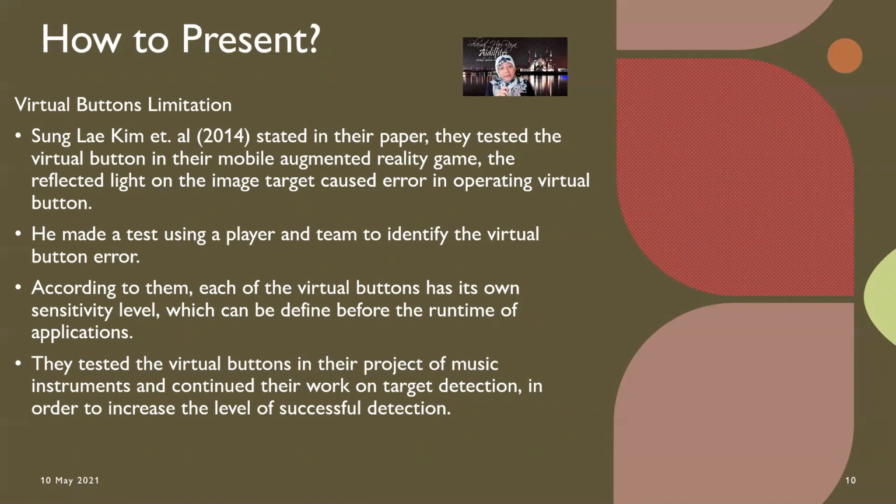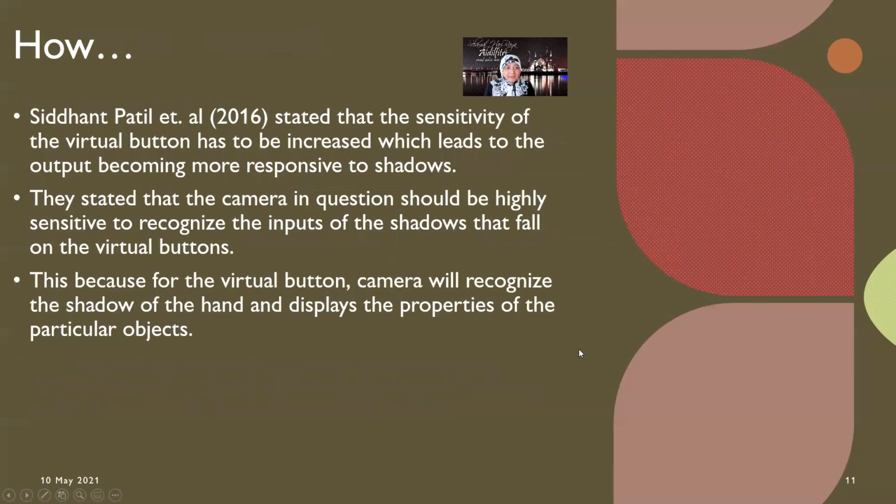According to them, each virtual button has its own sensitivity level, which can be defined before the runtime of the application. They tested the virtual buttons in their project using instruments and continued their work on target detection in order to increase the level of successful detections.